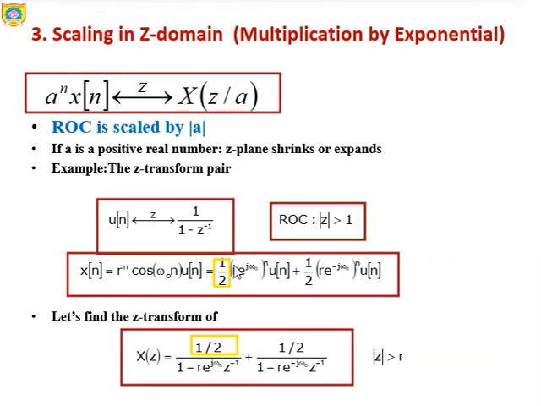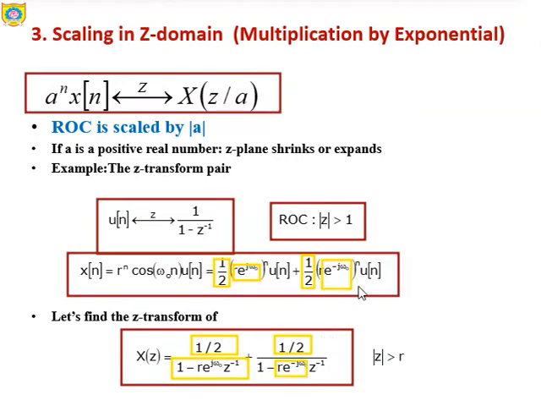Since here r e raised to j omega 0 acts as a, the remaining term at the denominator will reflect 1 minus r e raised to j omega 0 z inverse. Plus 1 by 2, again a constant value taken outside. The next value is r e raised to minus j omega 0, which can be reflected as a.